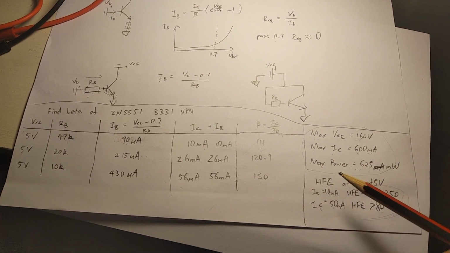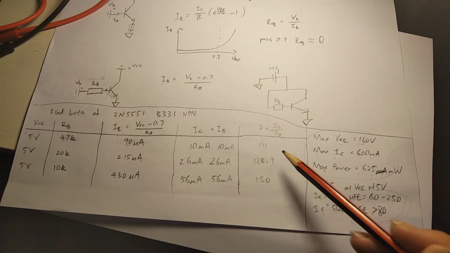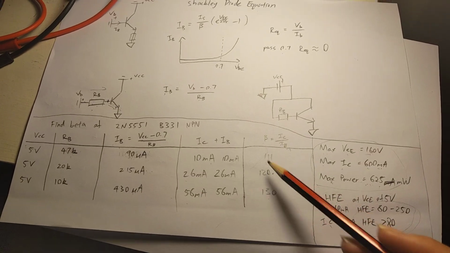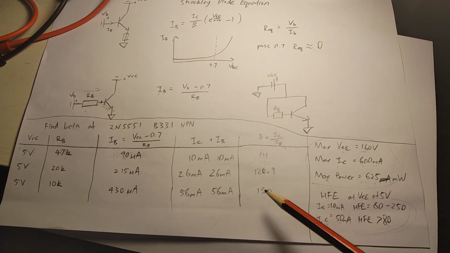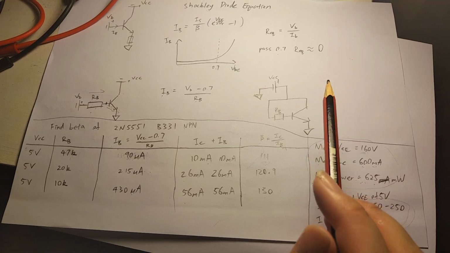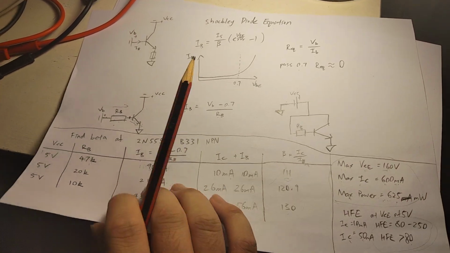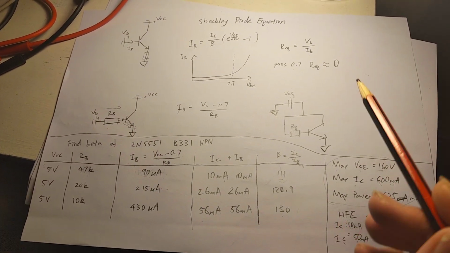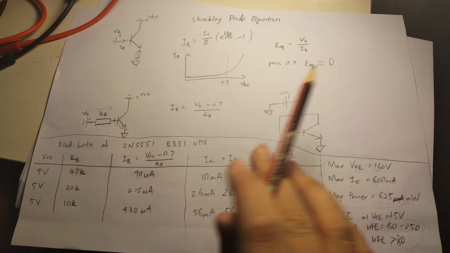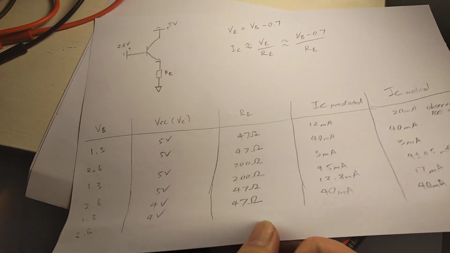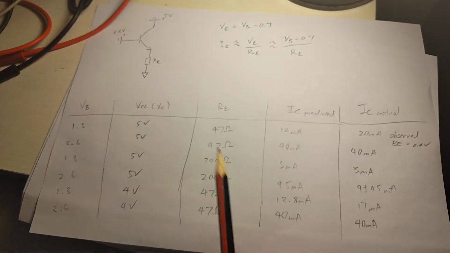For example, when the collector current increases, beta is also observed to increase, but it's not predictable. The reason why we add an emitter degenerator is because we want to be able to predict, given some circuit configuration, what kind of collector current will be generated.